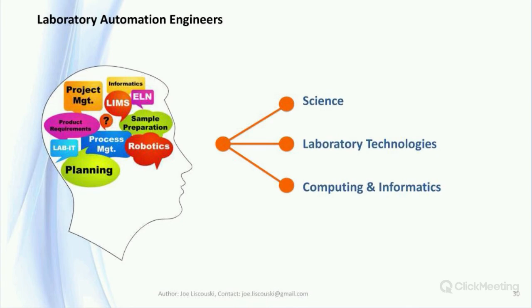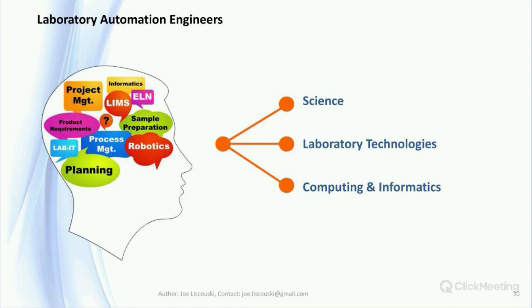The best source of these people are those with formal education and experience in science. They would be able to relate to the applications of the technologies and appreciate the subtleties of the work. It would be easier to educate a scientist in computing and informatics than to take an IT person and bring them up to speed on the scientific applications of computing.